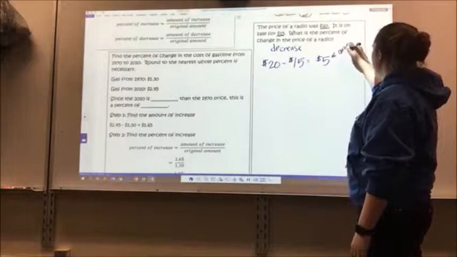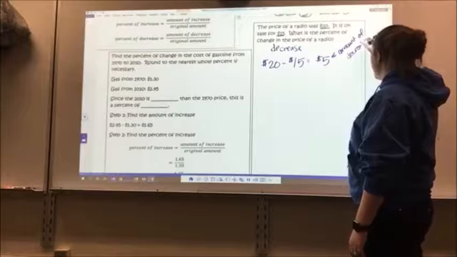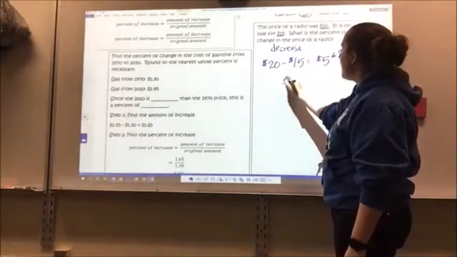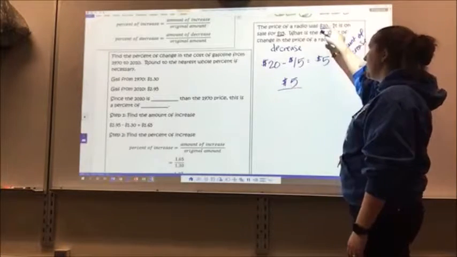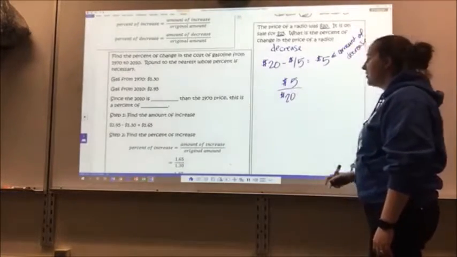Now I take that $5, which becomes the top of my fraction, and I divide by my original amount, which is 20. So I take 5 divided by 20.